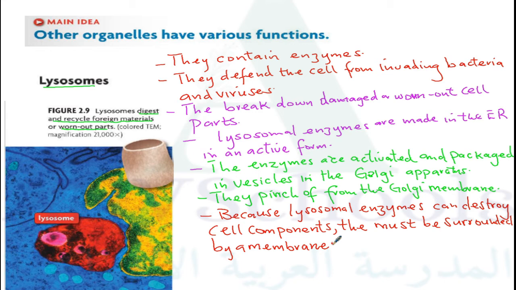However, the cell also uses other methods to protect itself from these destructive enzymes. For example, the enzymes do not work as well in the cytoplasm as they do inside the lysosome. So even though they can digest cell components, they work best when they are inside the lysosome, and when they are released into the cytoplasm, they don't work well.